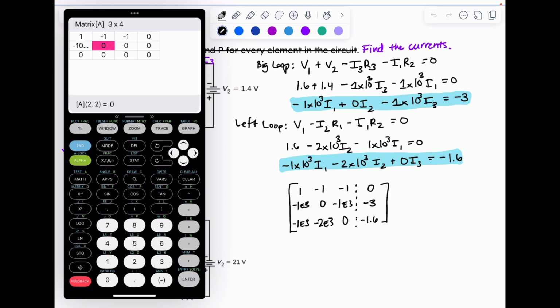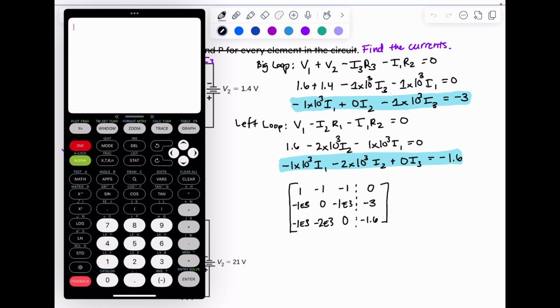All right. 0, -1000, and then -3. And then we have -1000, -2000, 0, and then -1.6. All right, I'm going to quit here.